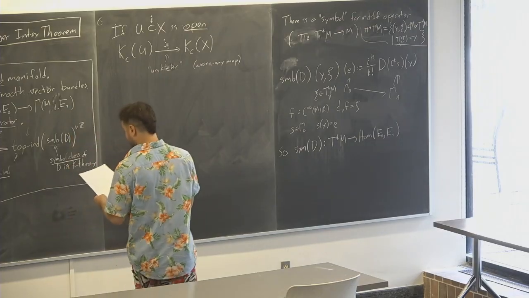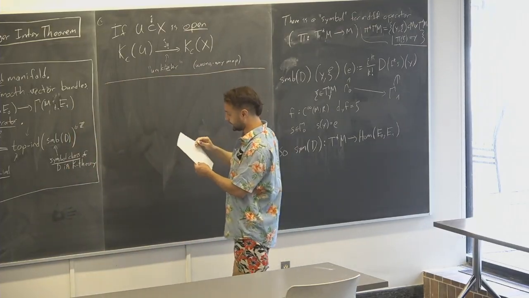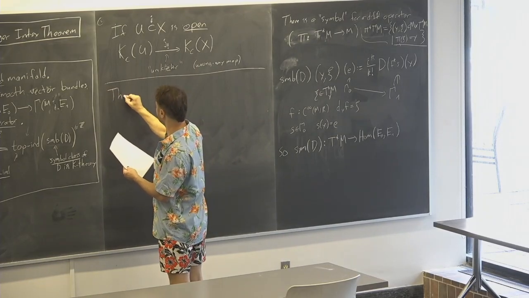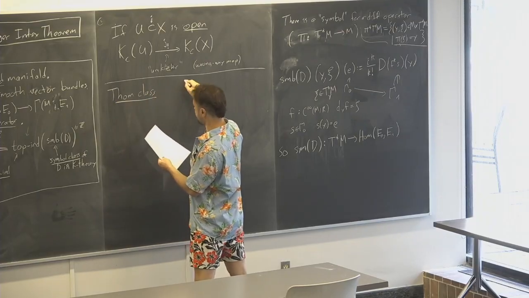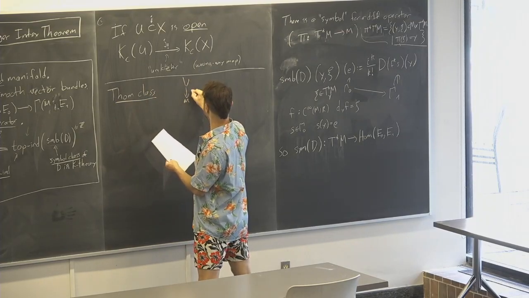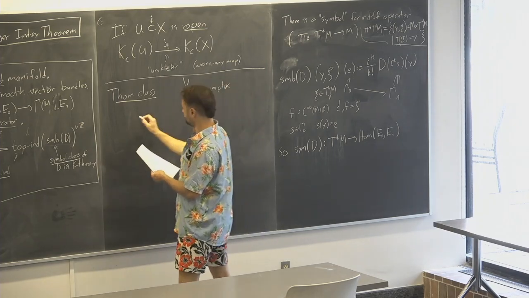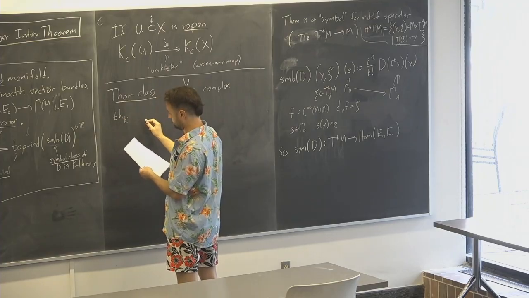What else? There's also a Thom class, a compactly supported Thom class, and I should say this real quick because we're going to need it. If we have V to M a complex vector bundle, we have a Thom class, to be consistent with the notes.